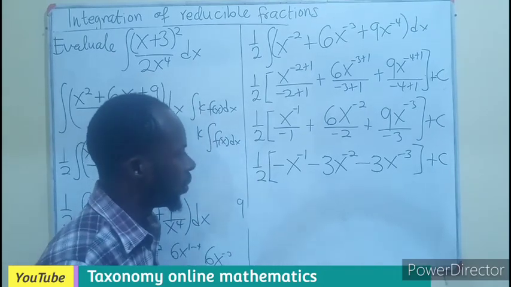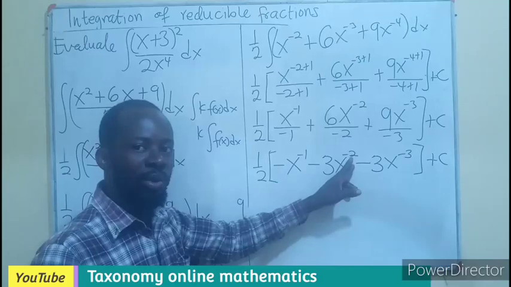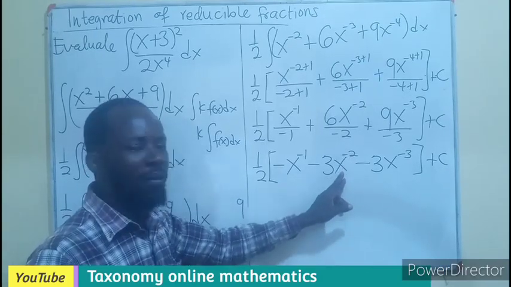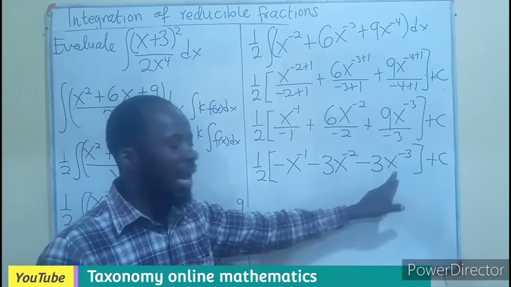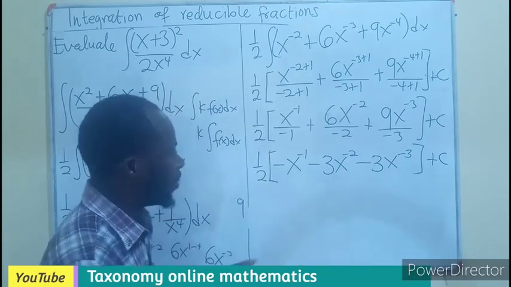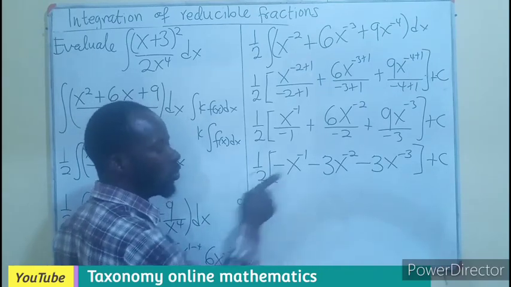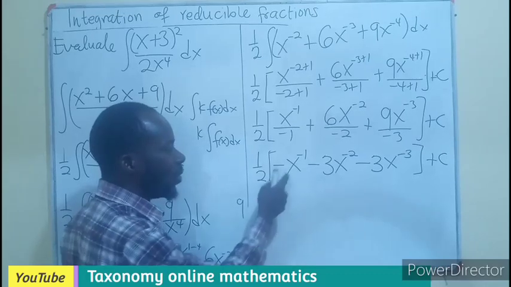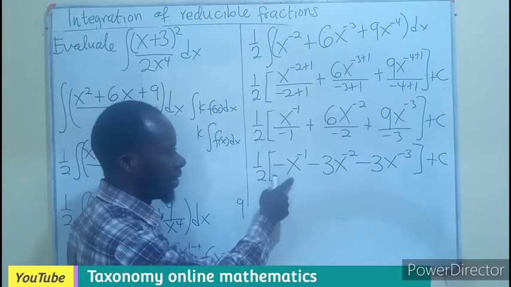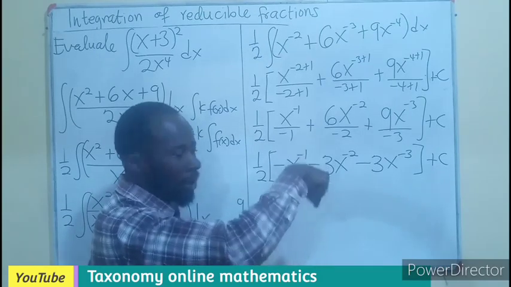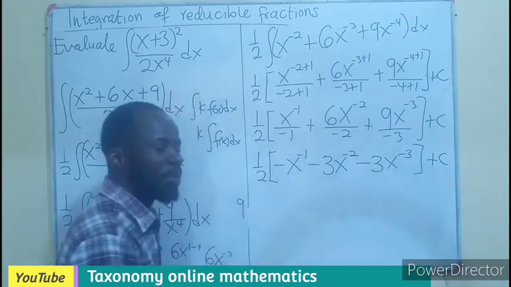So now we can see this as a negative exponent. That could also mean that I can have a fraction with the power being positive. The same here. But before I open the bracket, this 2 is going to multiply the denominator of this fraction, which is the x. This 2 will also multiply the denominator of this, which is x to the power 2. Similarly, x to the power 3.